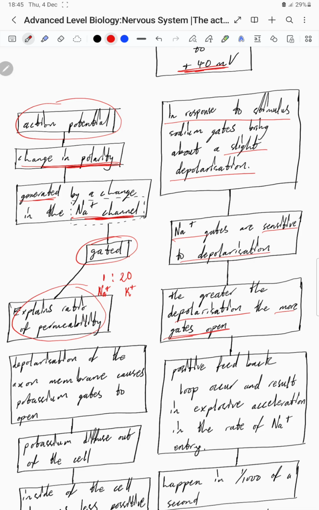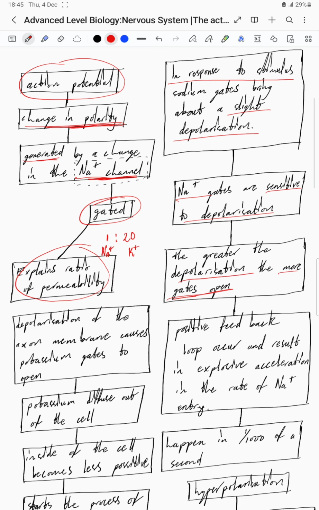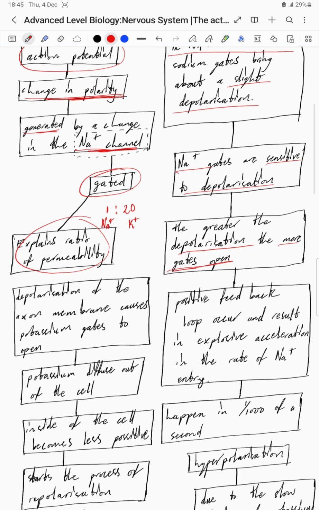So a stimulus brings about a depolarization, and this triggers the sodium gates to open more and more. This is a positive feedback loop and results in an explosive acceleration in the rate of sodium entry.